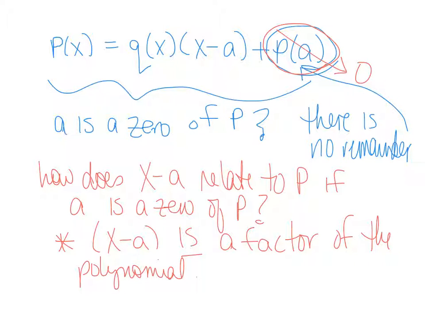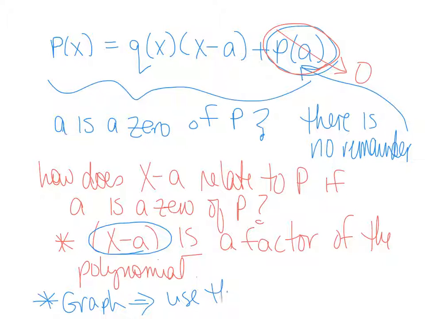A was a 0, therefore x minus a was a factor, and we divided by x minus a for the polynomial to figure out what the other two factors were. Okay, we're going to get into the graphs of the polynomials in a second, but basically to graph it, we use the zeros. Okay, x minus a being one of them, so a would be one of the zeros. And I'll show you that when we get to the example.